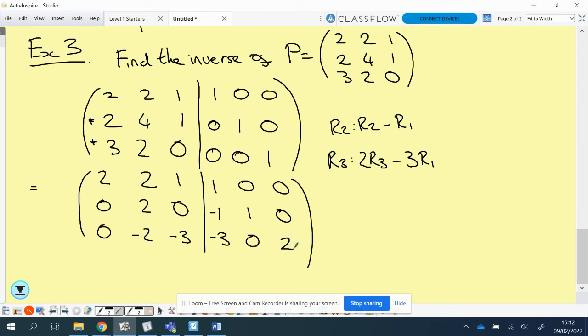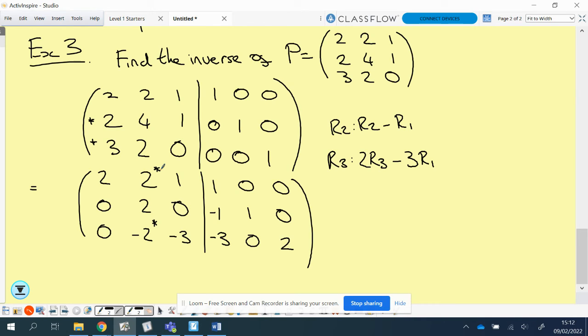My next 0 values that I want to obtain are going to be here and there. Remember, I need the identity matrix to have zeros in these 2 places now. So I'm going to fix them, but I'm going to use row 2 to do it, so I'm not affecting anything else.